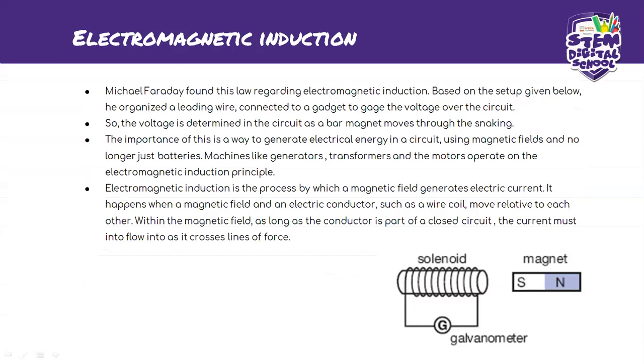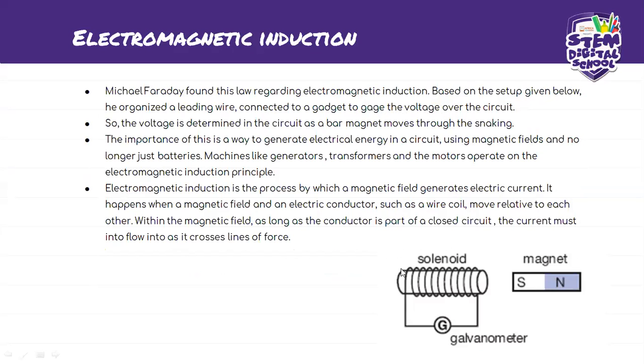Continuing, Michael Faraday found this law regarding electromagnetic induction. Based on the setup given below, which is this one, he organized a leading wire connected to a gadget to gauge the voltage over the circuit.